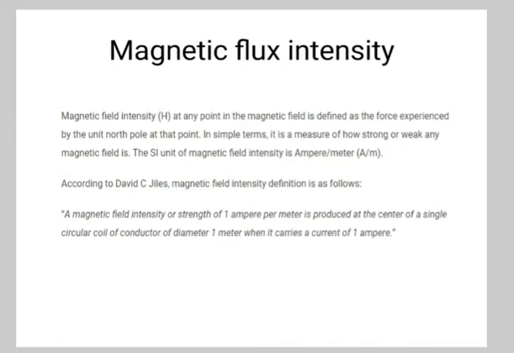So the magnetic field intensity at any point in the magnetic field is defined as the force experienced by the unit north pole at that point. That is, in simple terms, it is a measure of how strong or weak any magnetic field is, and the SI unit of magnetic field intensity is ampere per meter.